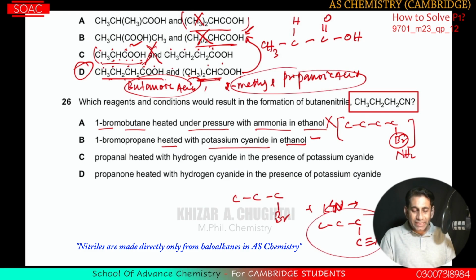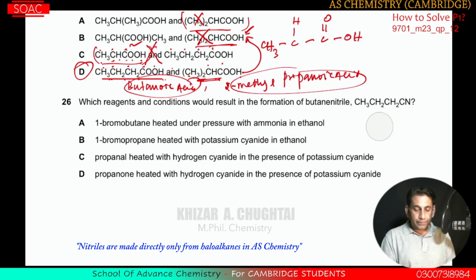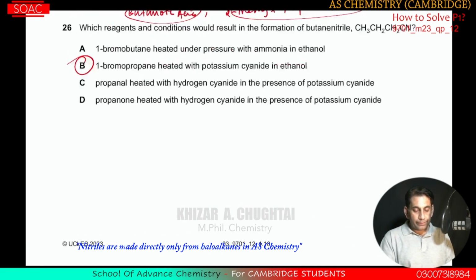Yes, we can synthesize butane nitrile in this route, that is, 1-bromopropane when it is heated, when it is reacted with potassium cyanide and ethanol. So basically B is the correct route, the appropriate route, the correct option.